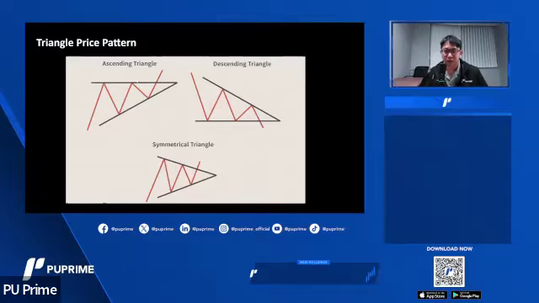But okay, I want to share this with you. It's not 100% true. Of course, this is what we call a continuation pattern. But if you have enough experience in the markets, you know that sometimes when we're already forming this kind of price pattern, where we have a flat resistance line and at the same time a higher low price pattern, it could lead to a sell down from here.